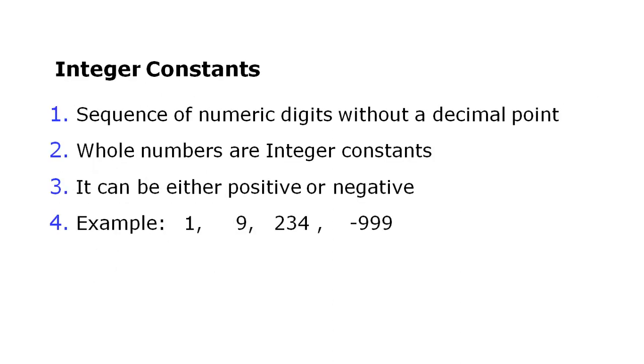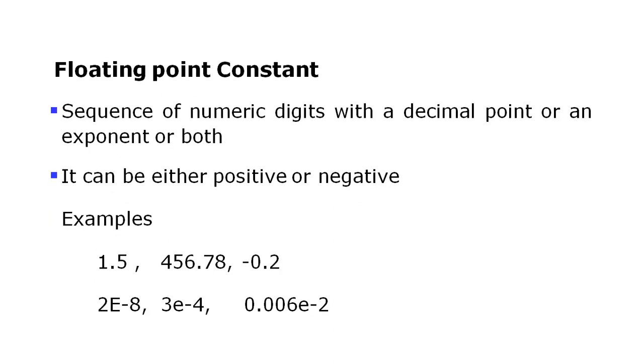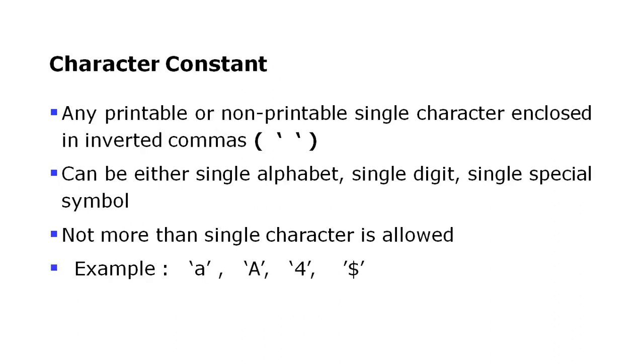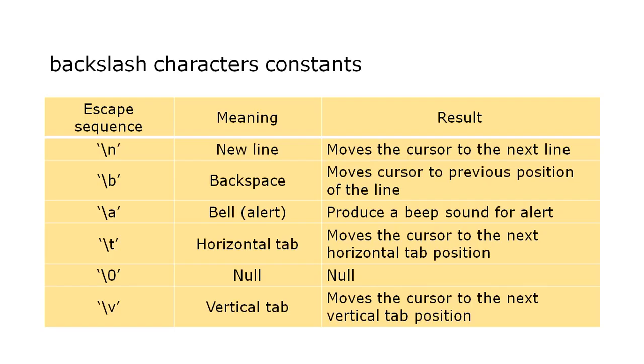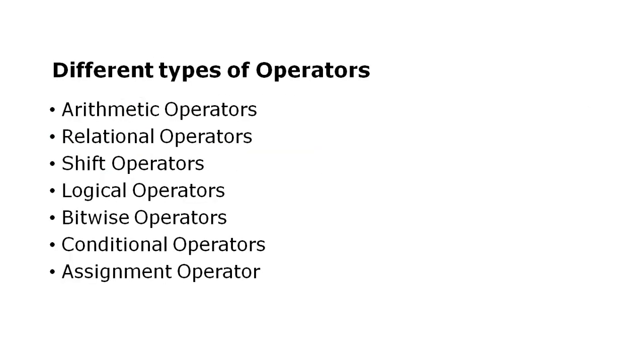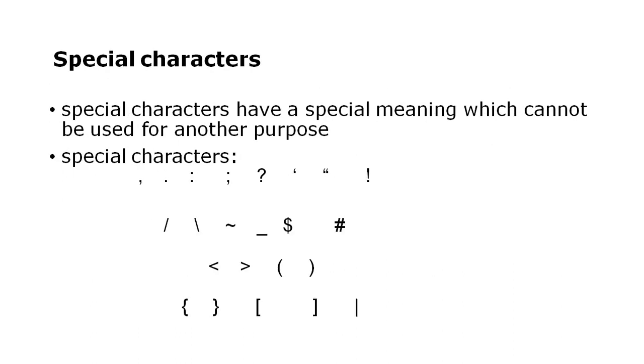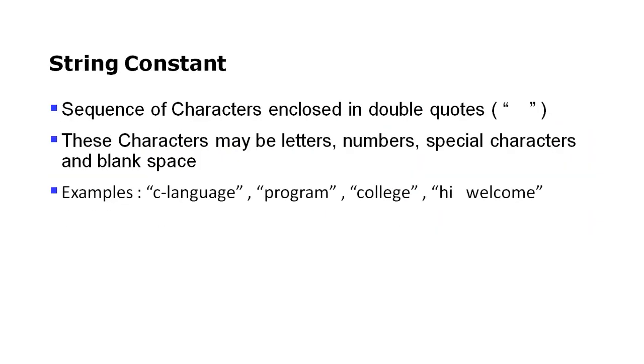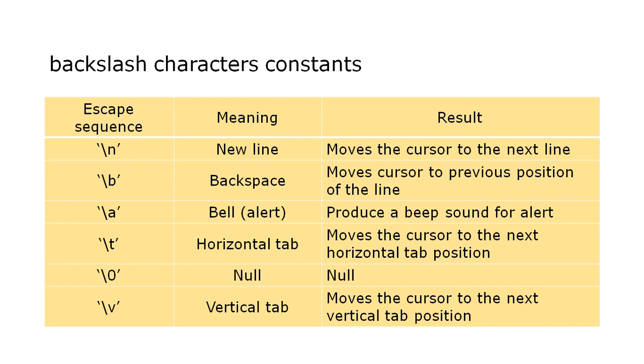And constants. There are integer constants, floating point constants, character constants, string constants, and backslash characters and special characters. Slash n is a new line, slash b is backspace, slash a bell alert, slash t horizontal tab, slash 0 null, slash v is vertical tab.